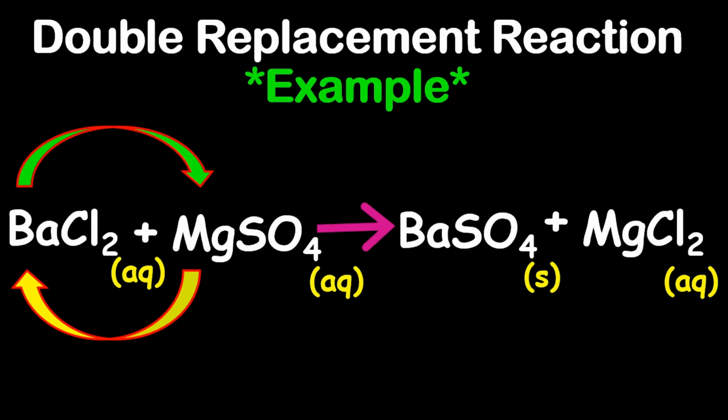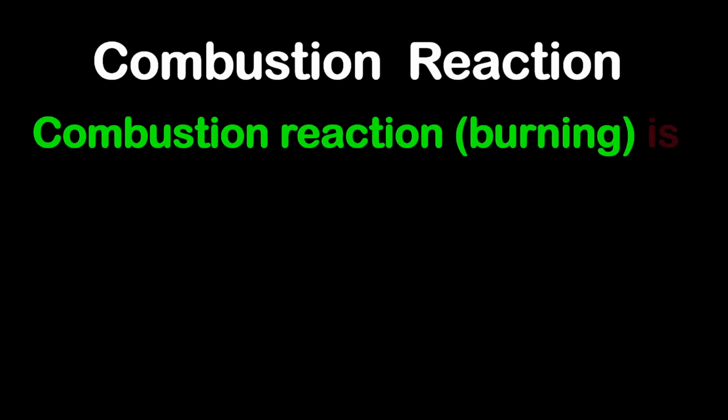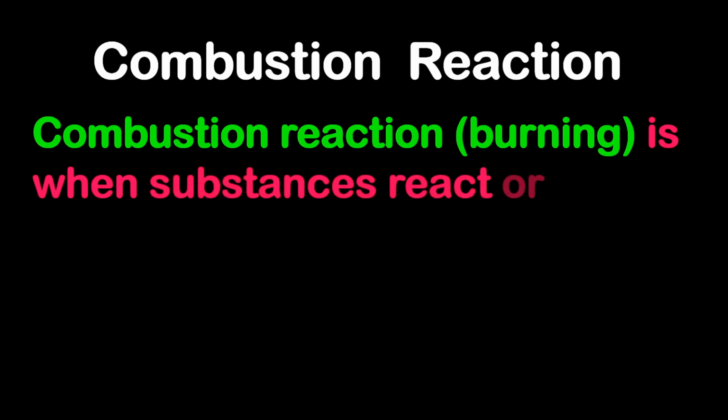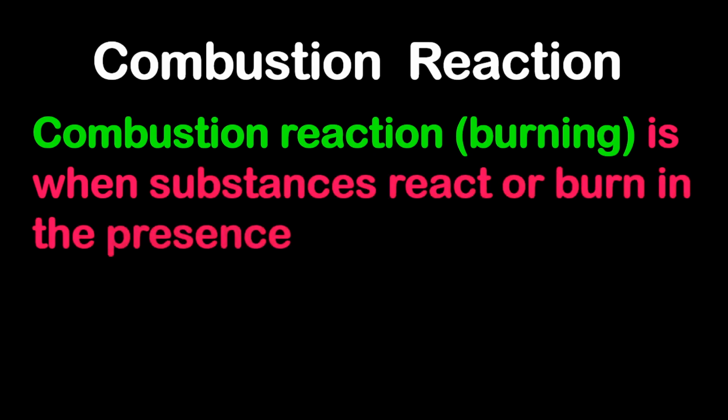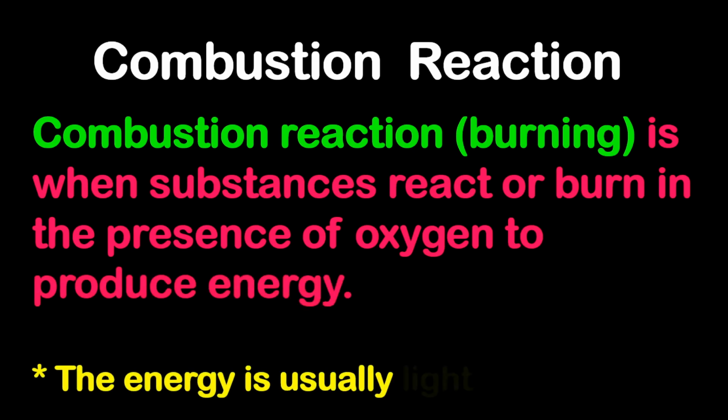Now let's jump into our other type of reaction, which is our last reaction, but a very important one as well. Combustion reaction, otherwise called burning, is when substances react or burn in the presence of oxygen to produce energy. The energy is usually in the form of light and heat, and this is very important in our everyday lives.